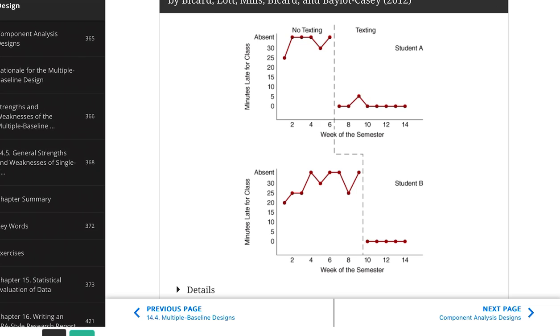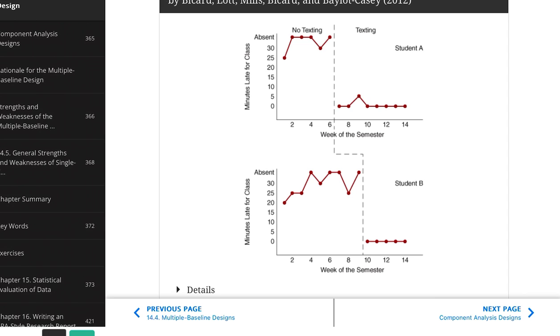So you can see we started a baseline at the same time at the beginning of the semester, and then they measured how many minutes late they were for class. Each data point corresponds to each week of class. This is simplified.